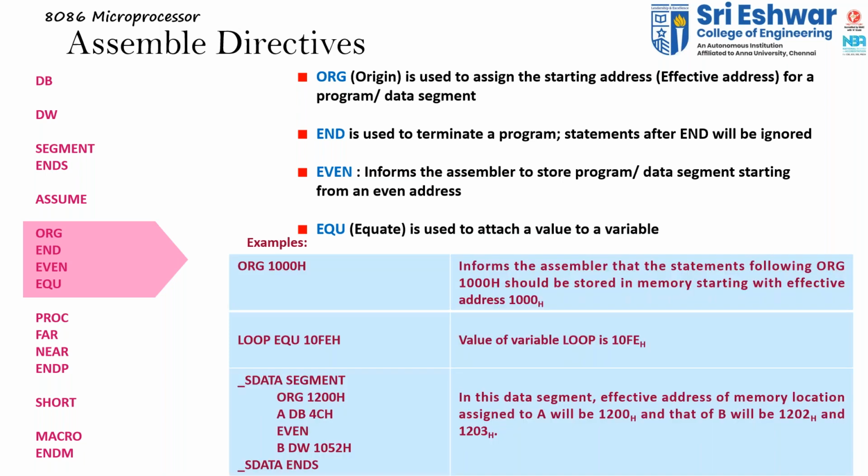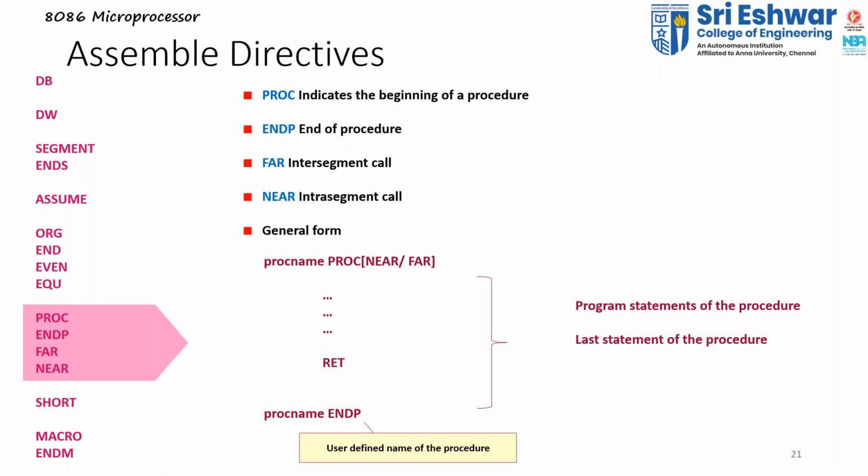Examples for those assembler directives are given here: ORG 1000 will be the starting address, LOOP EQU 10FE, and a data segment with ORG 1200, DB 4CH, EVEN. All these are examples for the corresponding assembler directives.